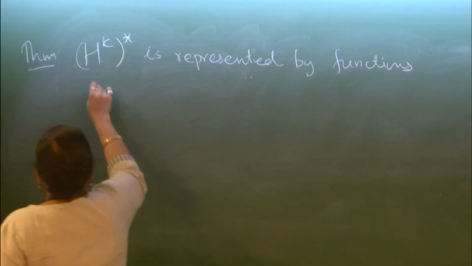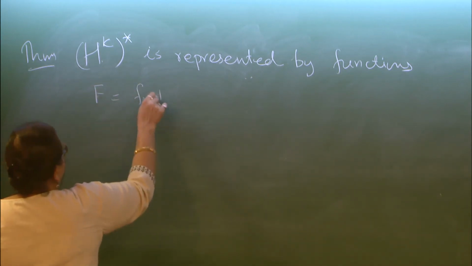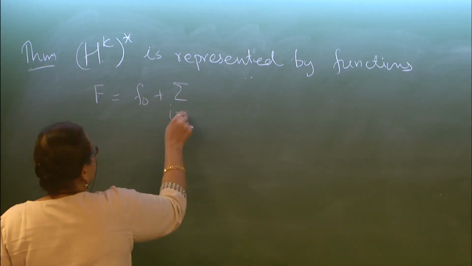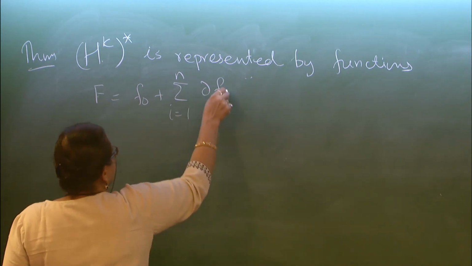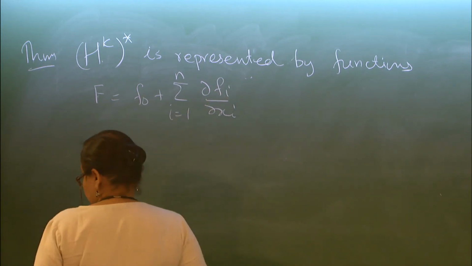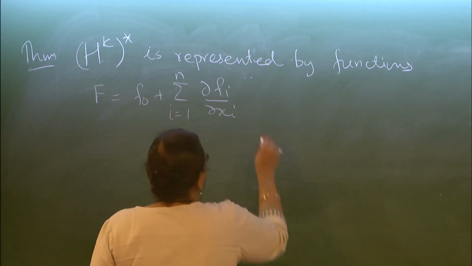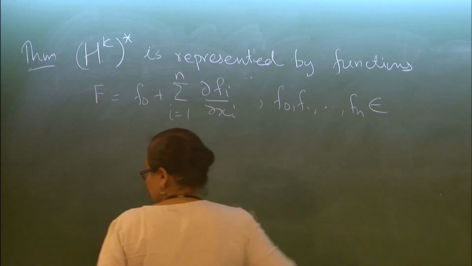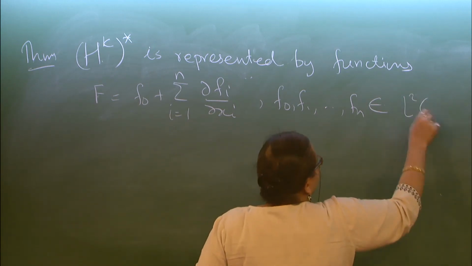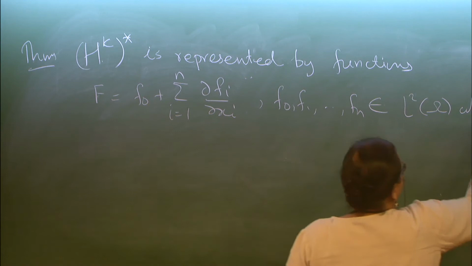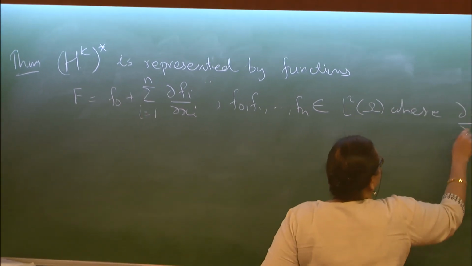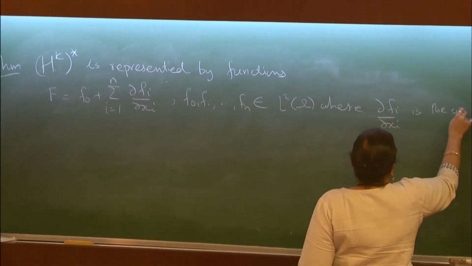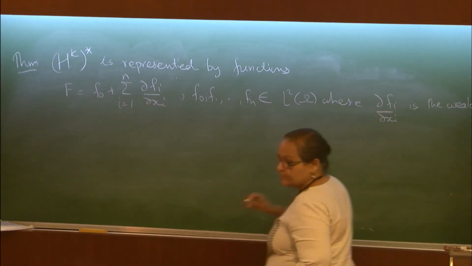Functions f equal to f_0 plus the summation of i going from 1 to n of df_i/dx_i, where f_0, f_1, ..., f_n belong to L2 of Omega, where df_i/dx_i is the weak derivative.